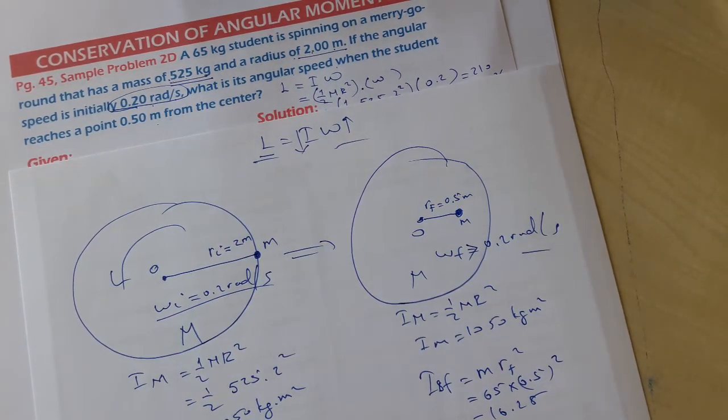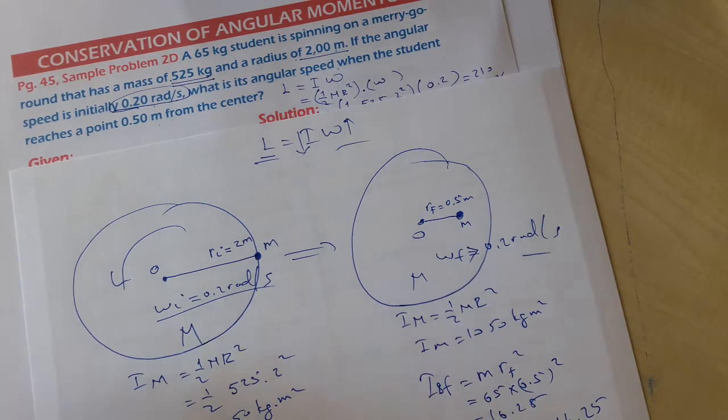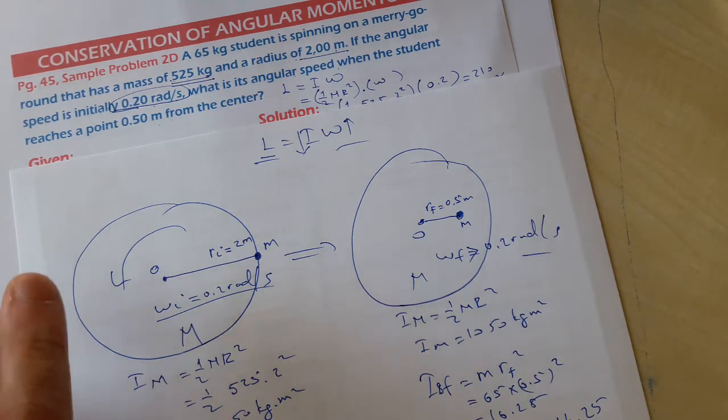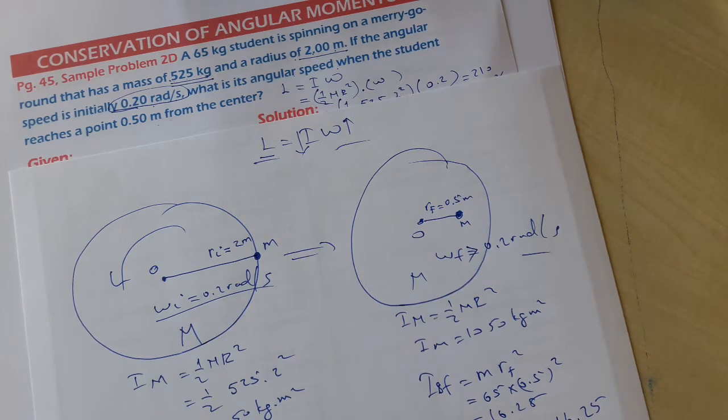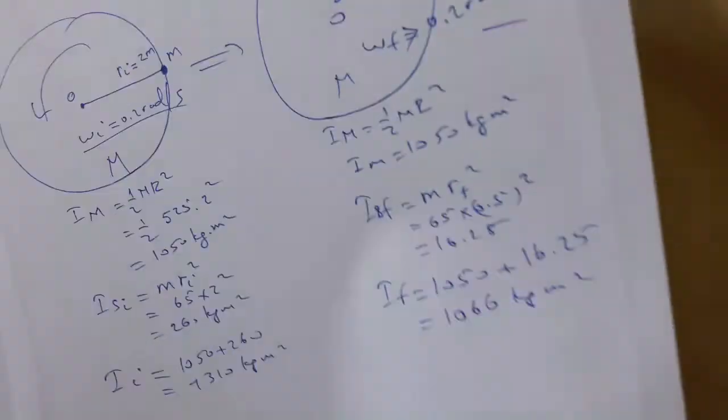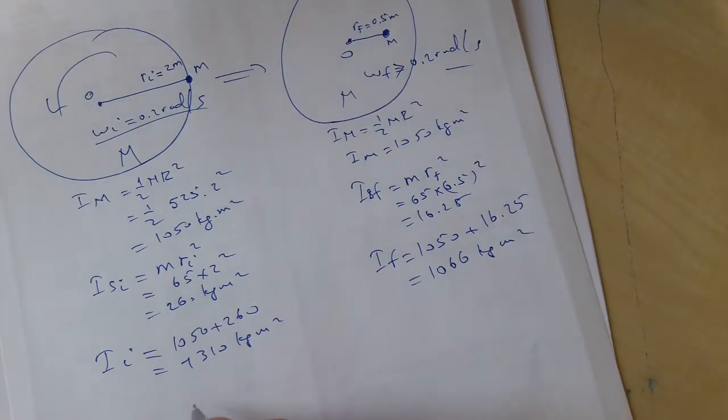Final moment of inertia, let's find it: 1,050 plus 16.25. It's almost equal to 1,066 kilogram meter squared.